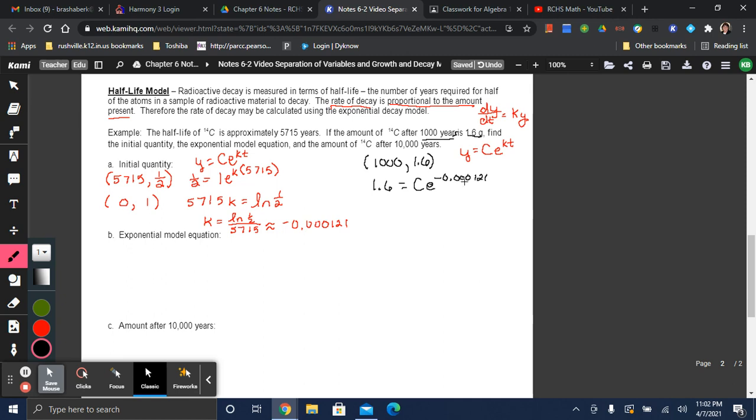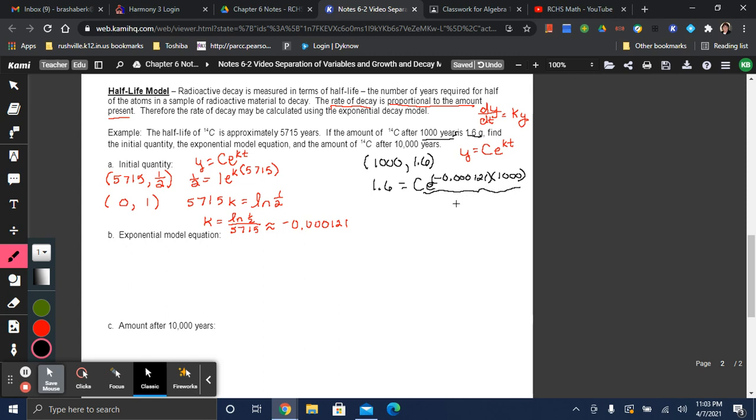So negative 0.000121 t. I do know the value of t. My t is 1,000. And so to solve this for c, I can divide both sides by this amount.